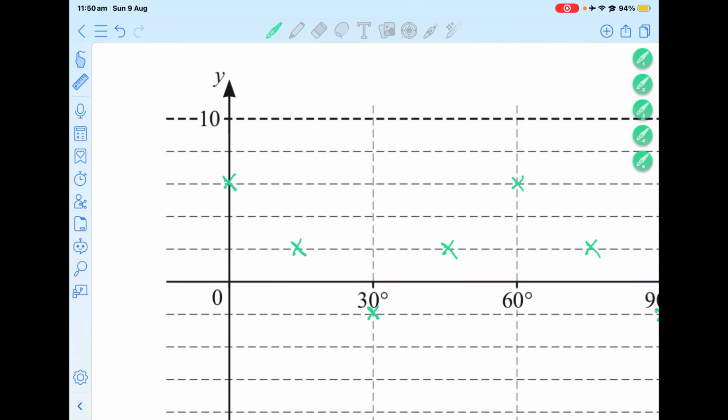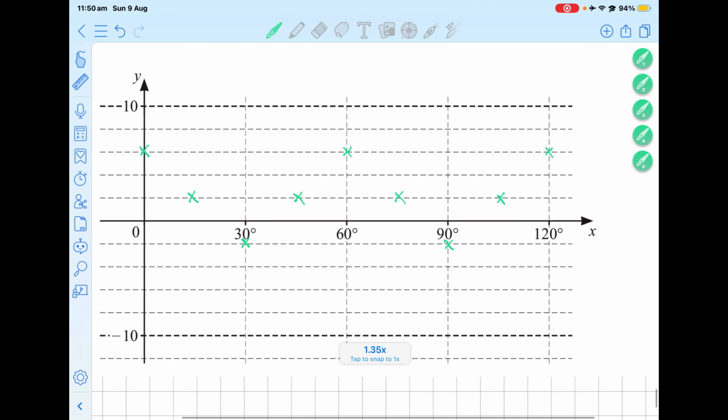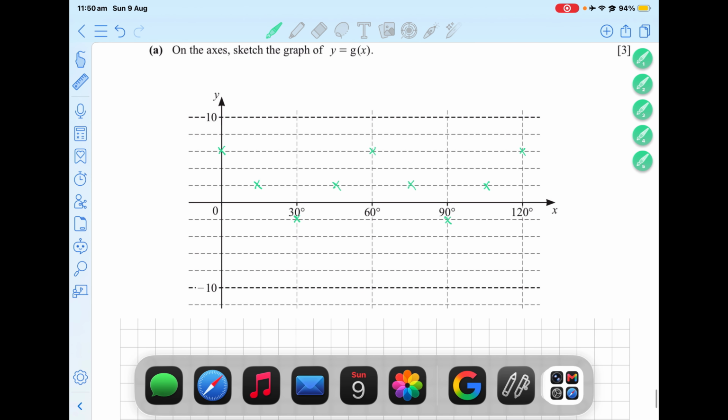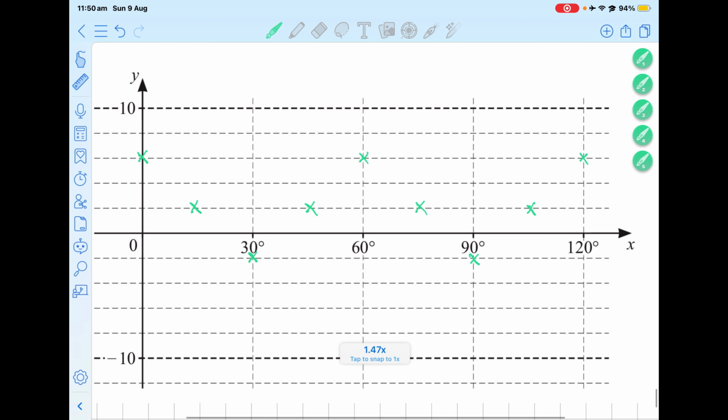Okay, you know what? We could draw this graph, and so this graph is going to be more like this. And then this shape, I guess we could maybe copy this.